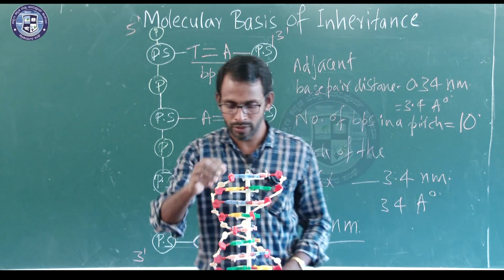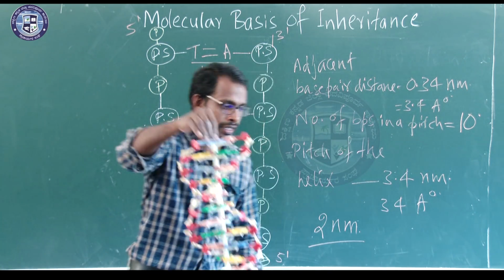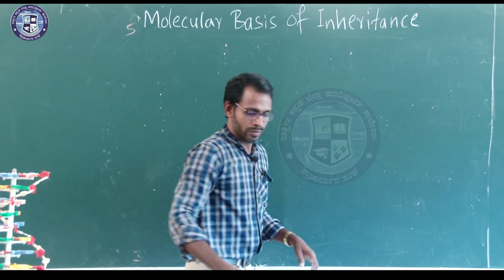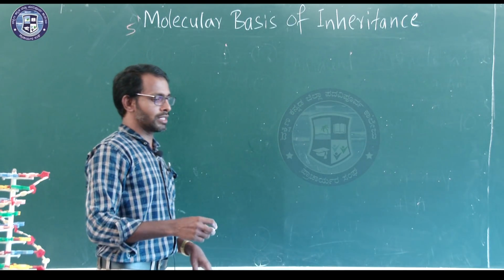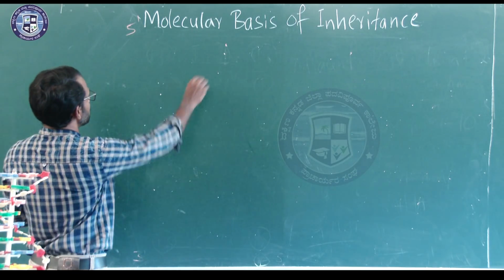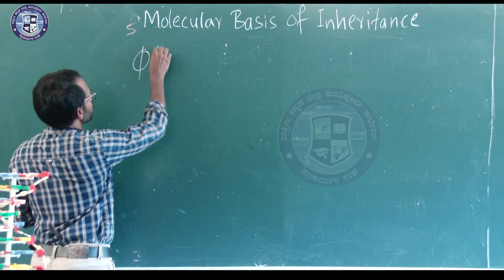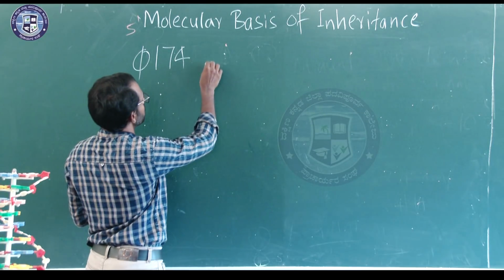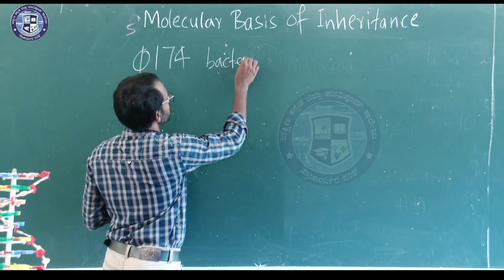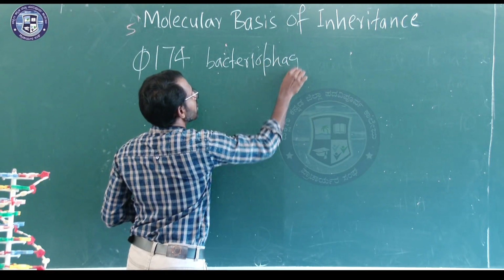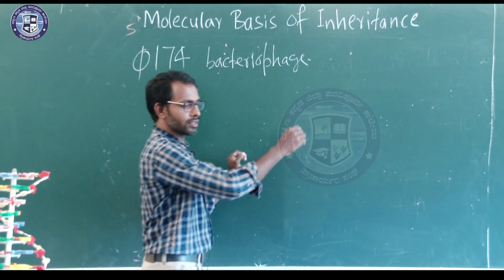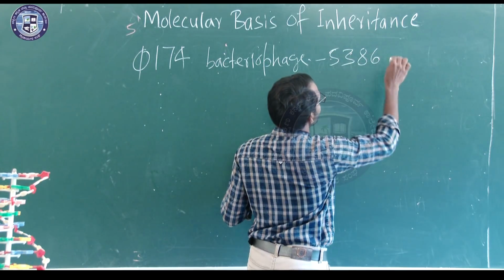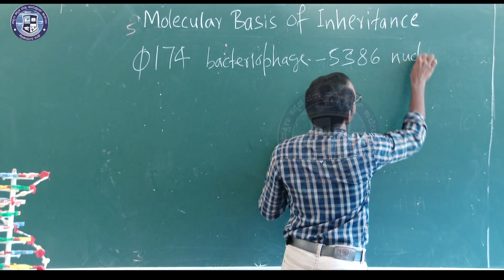Now, for example, when we consider the length of DNA present in a bacteriophage called Phi X 174, the length of the DNA here is 5386 nucleotides.